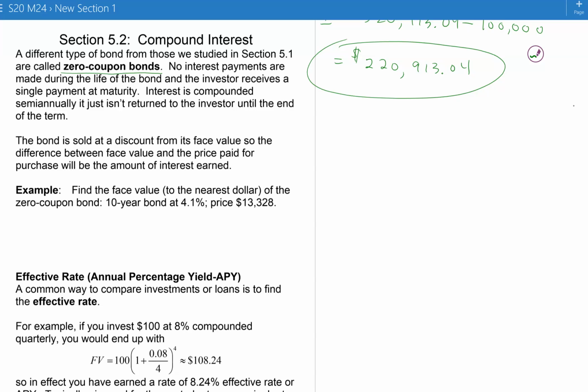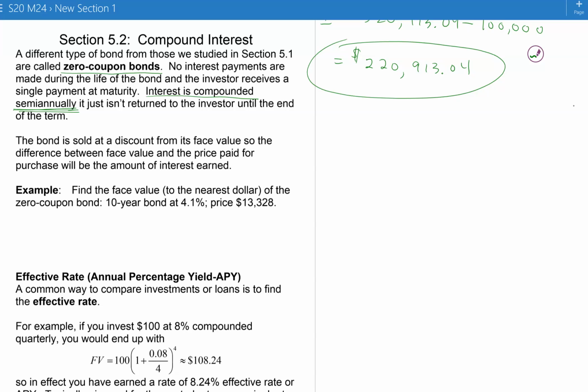So with zero coupon bonds, you don't make any interest payments during the life of the bond, and the person holding the bond just gets a single payment at maturity. The interest is compounded semi-annually. It just isn't returned until the end of the term. So the bond is sold at a discount from its face value.